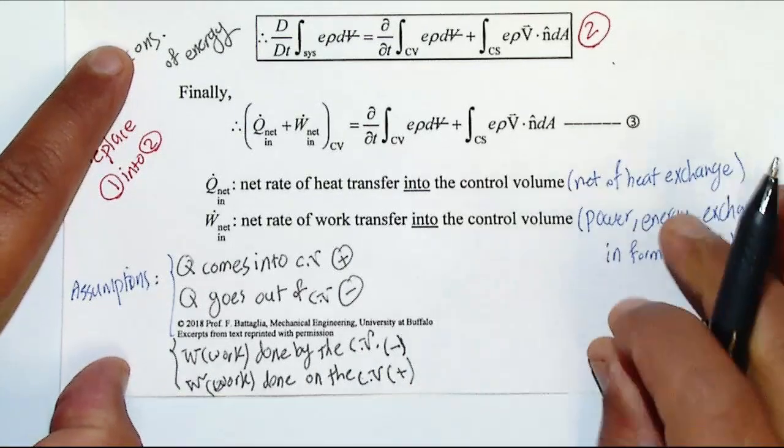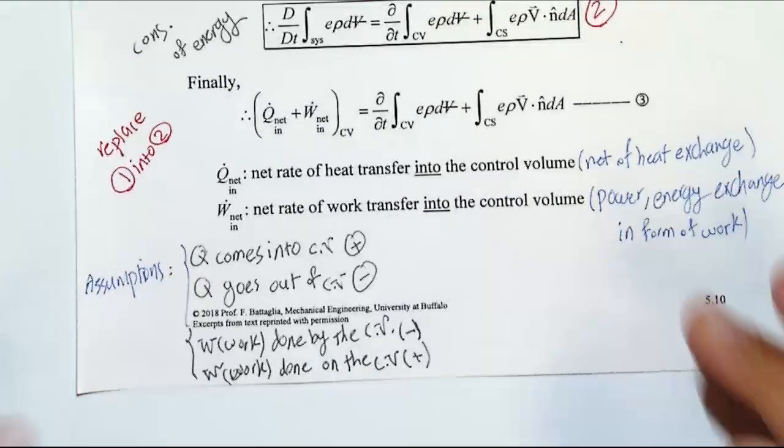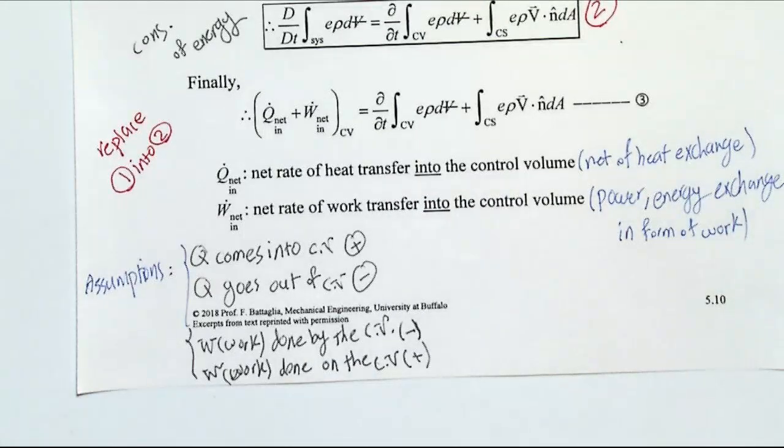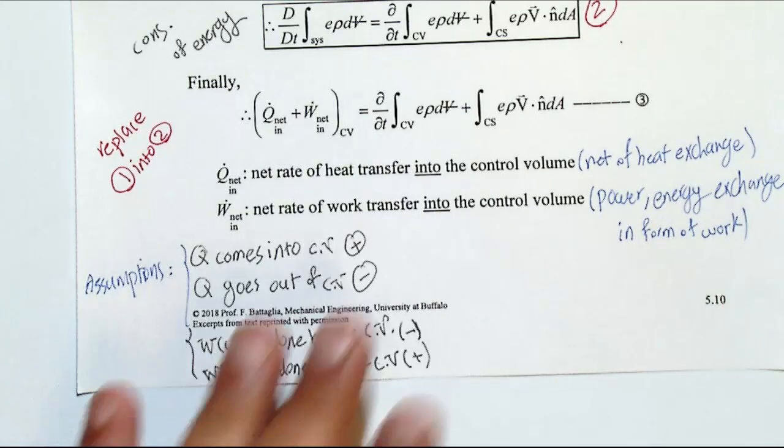That's the only thing that you need to know. If the work is done by the system, it means that it's doing work on surroundings, so energy gets out of it, so this side should be negative. But if the work is done on the system, on the control volume, then it has to be positive. That's all.